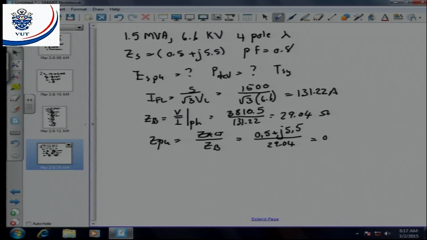The developed power, PD, is equal to E over Z times E cos beta minus V cos beta plus delta.